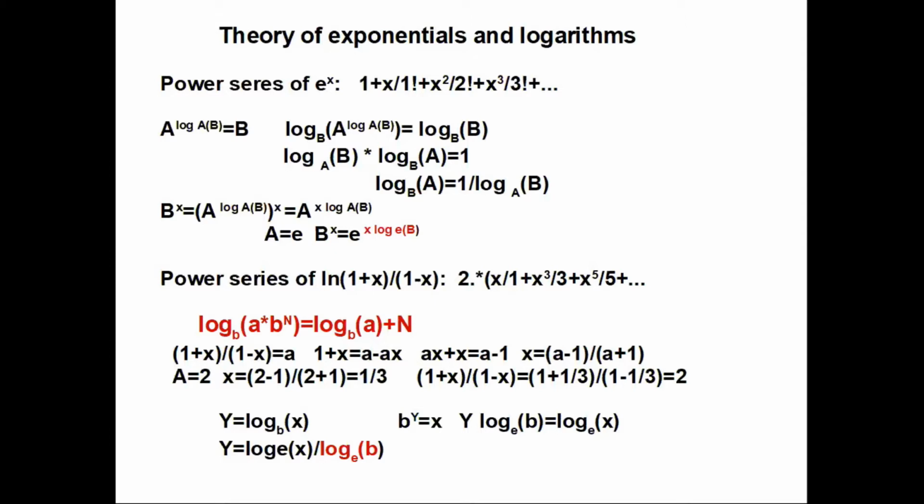The log is defined as raising a number to a power and taking the log of the number of interest. We now show that, using that formula and taking the logs of both sides, we get that the log of b to the base a times the log of a to the base b is equal to 1.